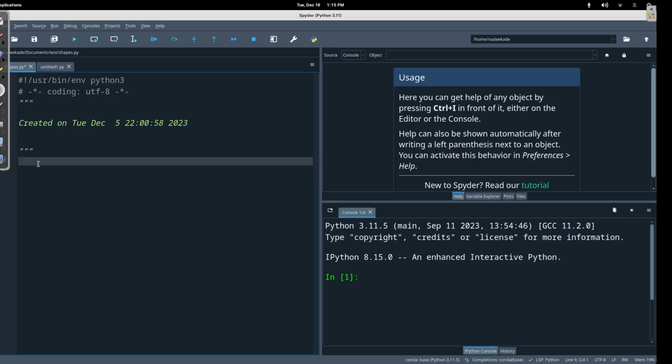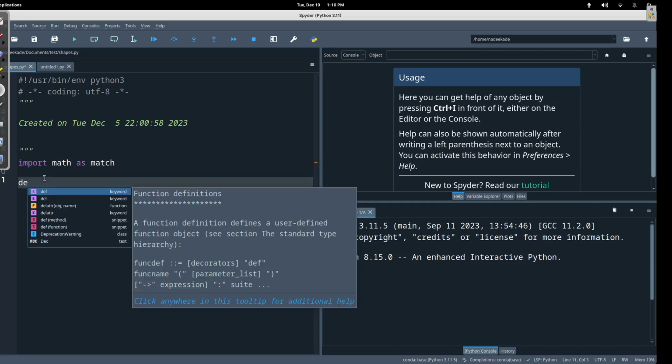So I will do import math as m. Okay, let's import math as m, so we will use that. Now we will start the definition of the function with the def keyword.